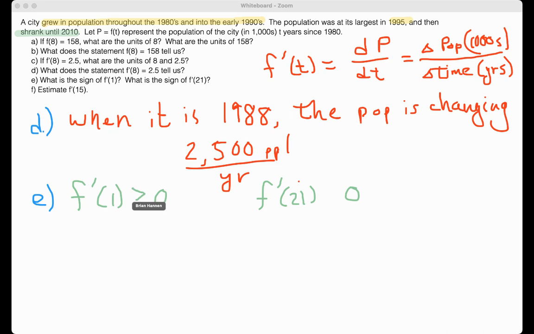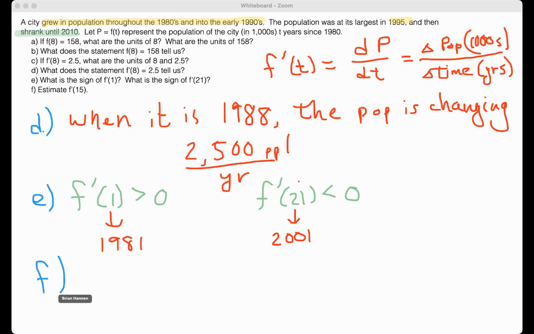I think the change in the population should be a positive number because it's increasing. And in 21 here, it's going to be decreasing. The trick, remember that 1 represents 1981, and this 21 here represents 2001. That's the number of years after 1980.